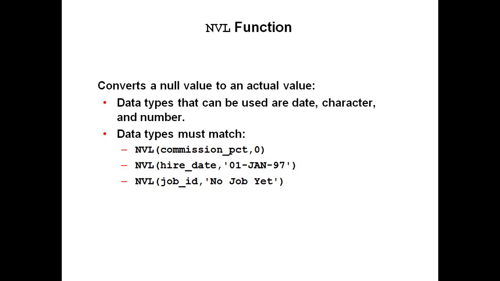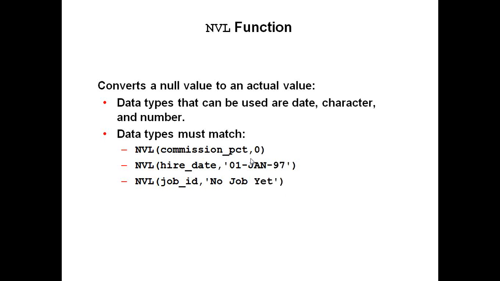So what will the NVL function do? It will convert a null value to some dummy value, or to some number that we are going to provide. Suppose, as you can see here, NVL of commission_pct comma 0.